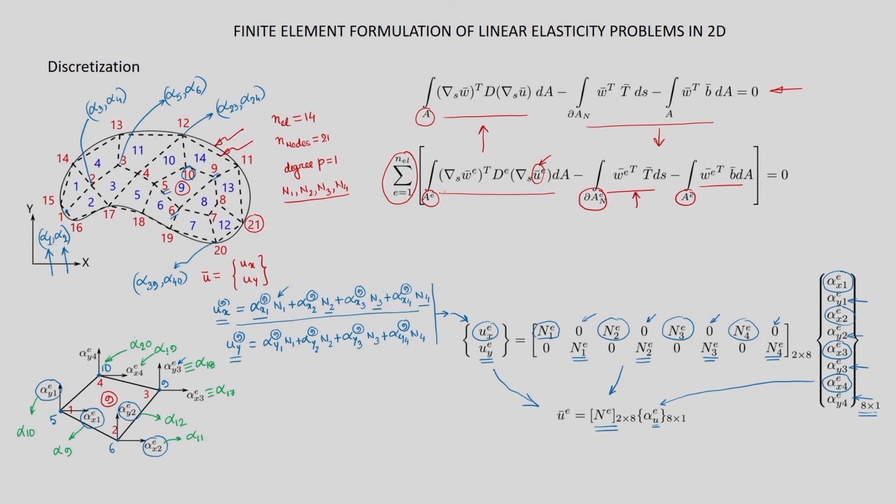So, these local degrees of freedom, which are expressed as x1, y1, x2, y2, have a global counterpart. In this case the global counterpart starts from alpha 9, then alpha 10, then alpha 11, then alpha 12, then I have alpha 17, alpha 18, alpha 19 and alpha 20.